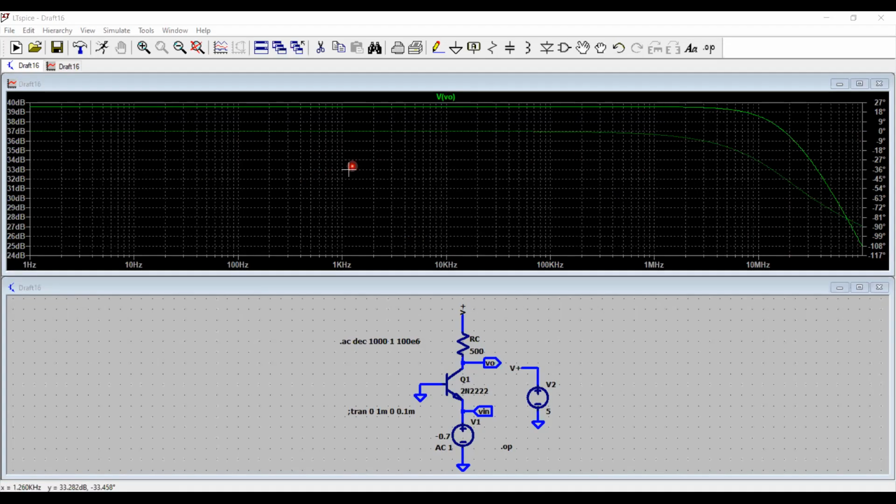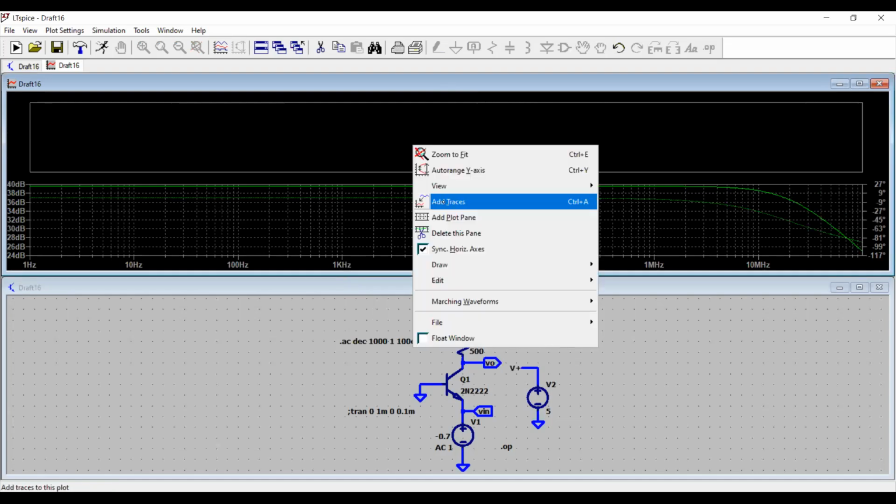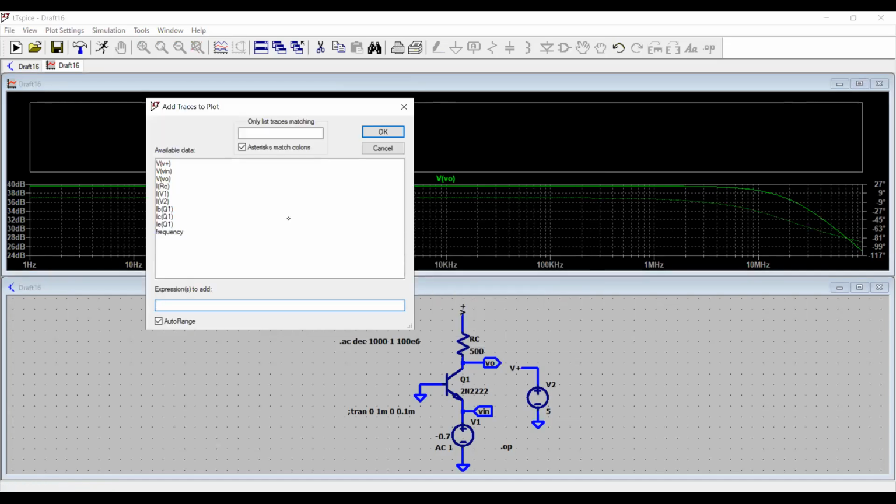What about I right click the pane, add plot pane, right click, add trace, and I want to plot the current gain now. So V of VO in the green is divided by AC input of 1 volt as I put in the source.